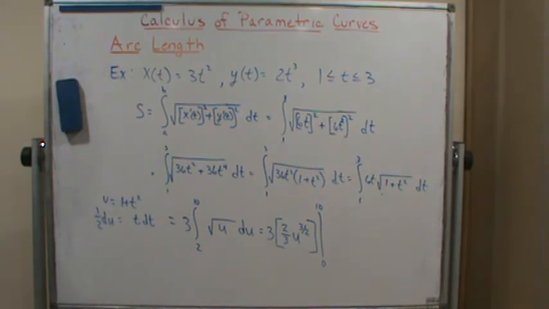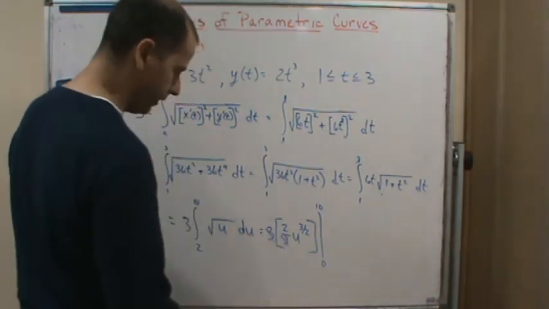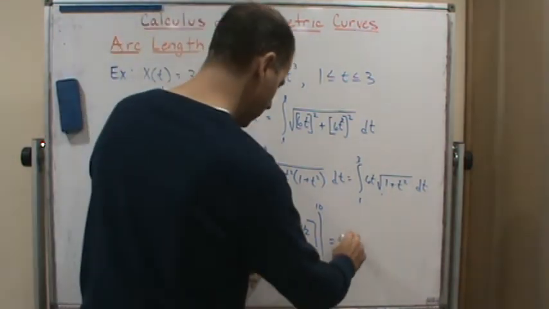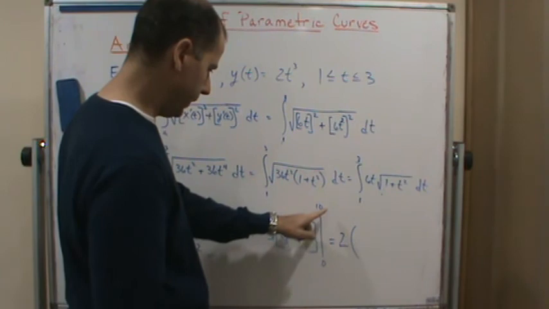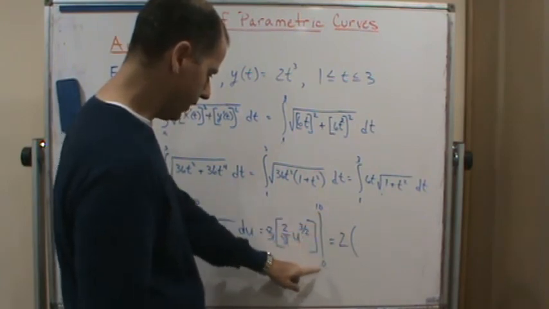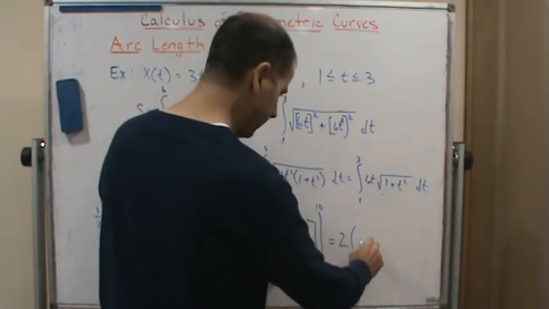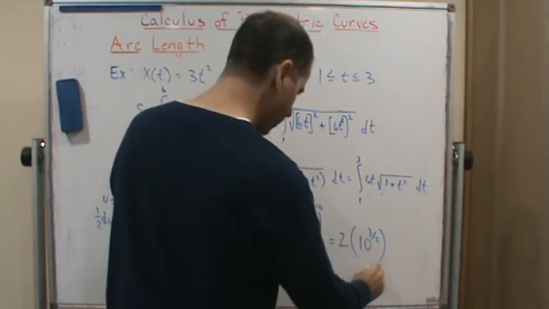And so now notice that the 3's cancel here. And so this is just going to become 2 times this evaluated at 10 minus this evaluated at 2. So this becomes 10 to the 3/2.